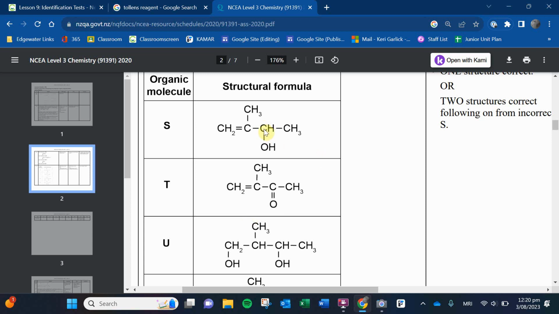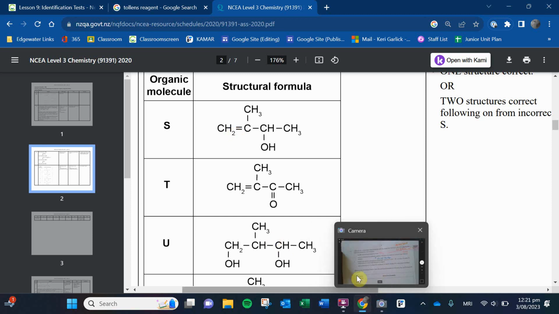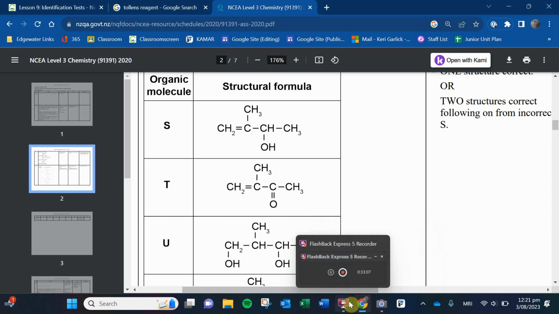This carbon right here is my chiral carbon. It basically tells me that the alcohol is on carbon number 2, because if it was on carbon number 1, I would have no chiral carbons. This one has 1, 2, 3, 4 different things attached to it. That's how I figure out molecule S. Once I have molecule S, I can then figure out everybody else.